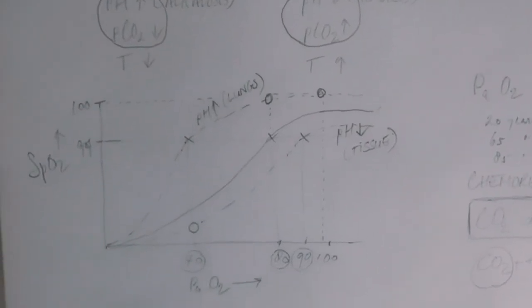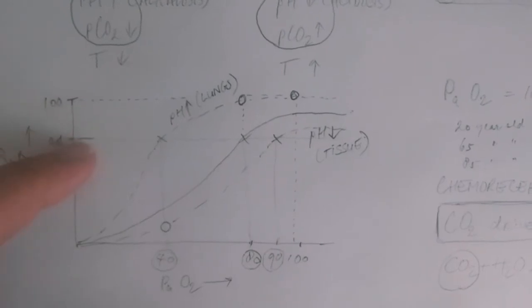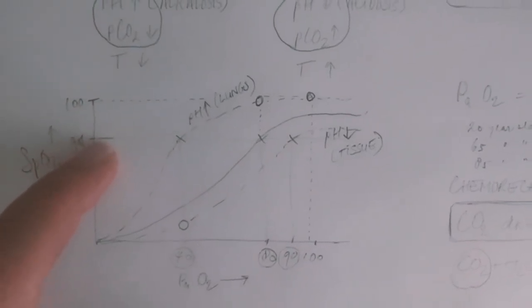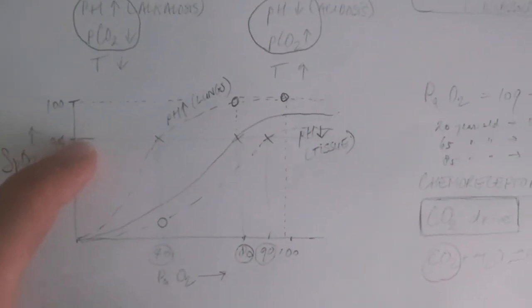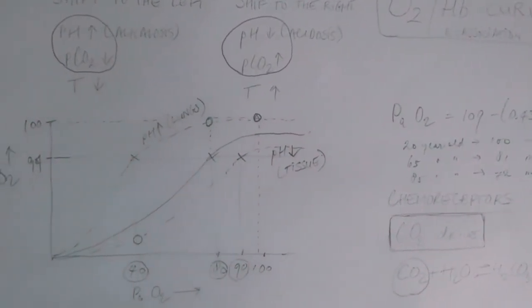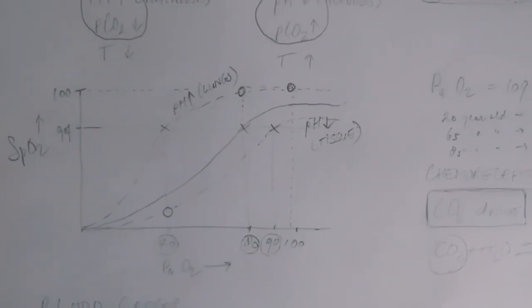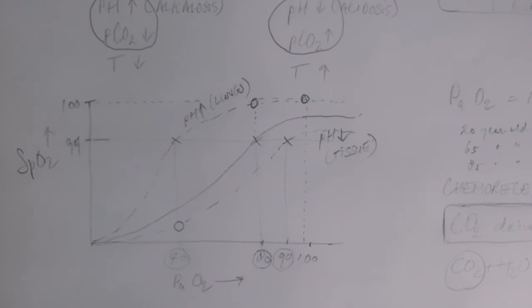So when we're doing pulse oximetry, we do not want the saturations to fall beneath 94, because the curve will nosedive and the corresponding PaO2 blood gas levels will be very low.